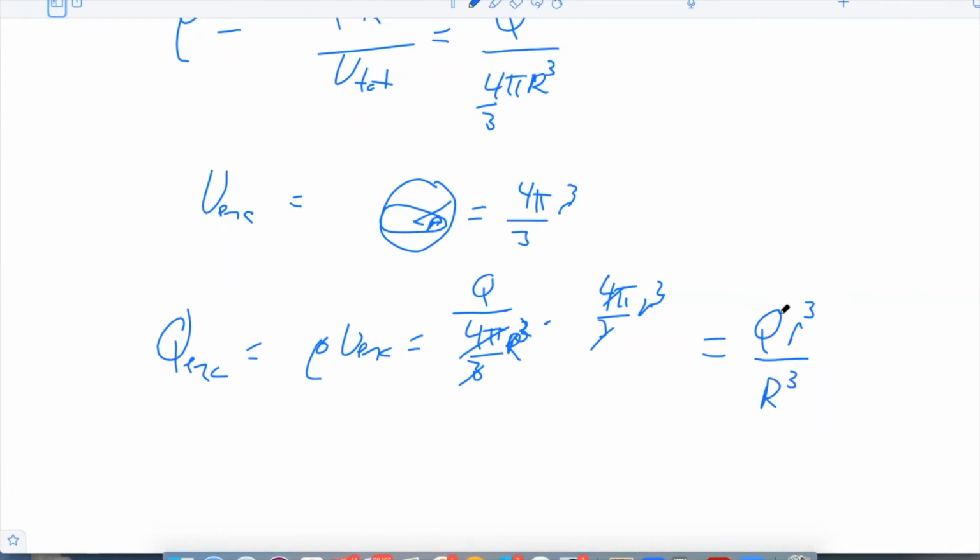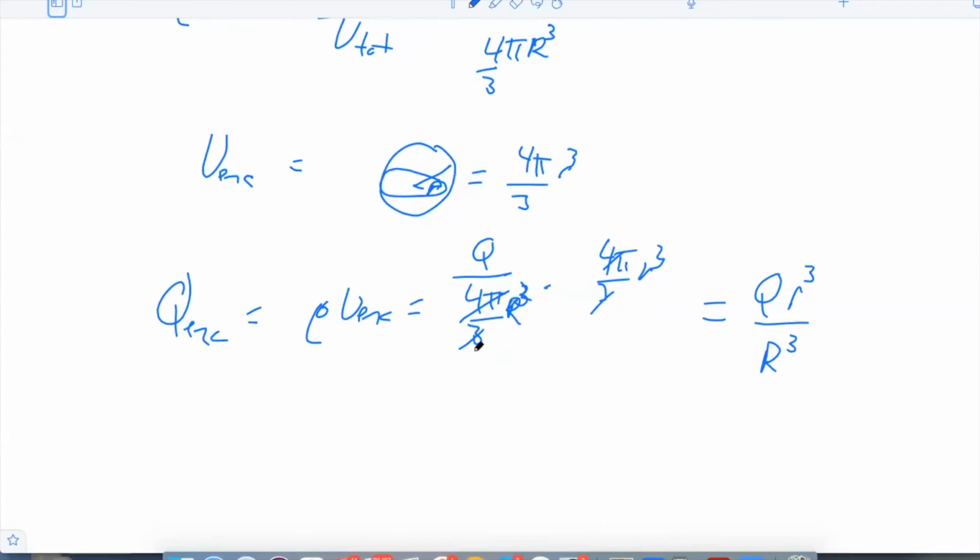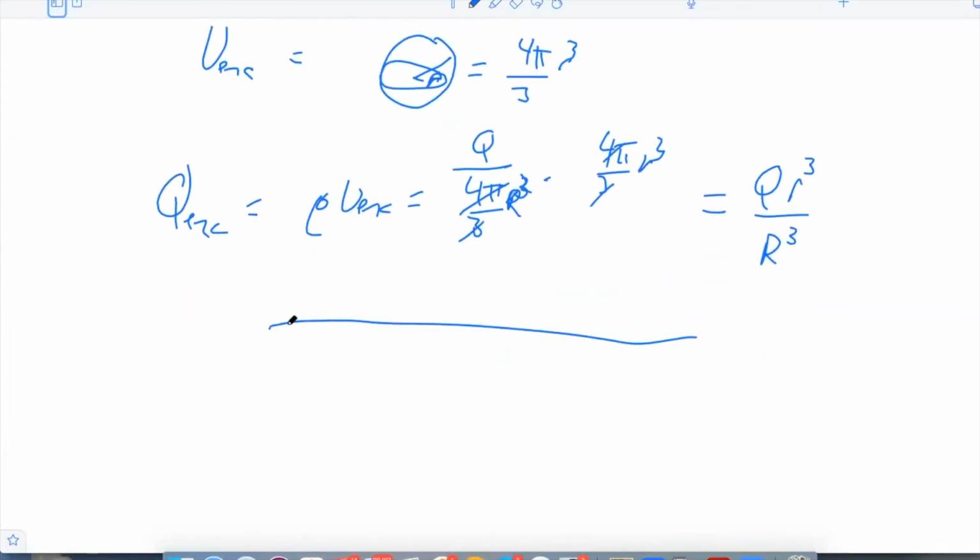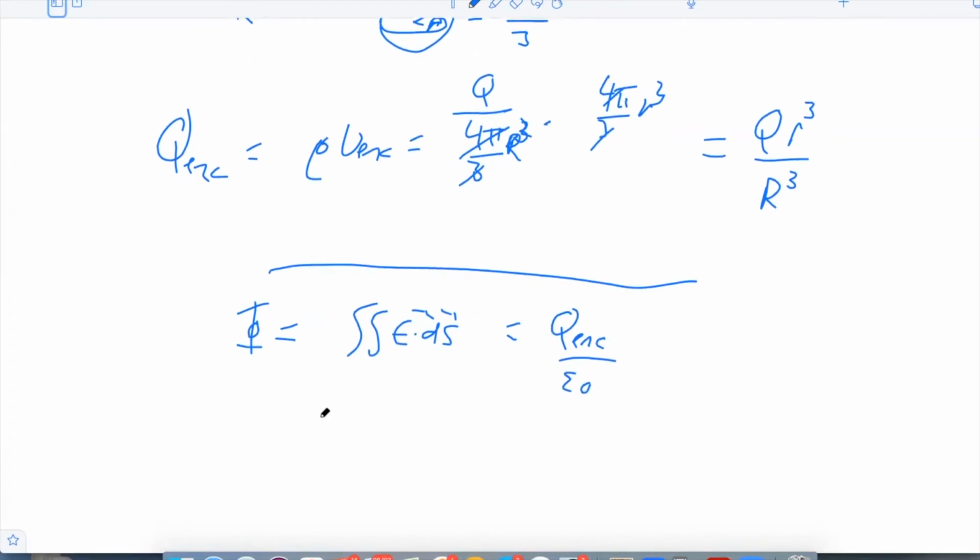That's the fraction of charge that I've got in my little Gaussian surface, inside that surface. Okay, so now I put the two sides together. The flux through the surface, double integral of E dot dS, must be the total charge enclosed over epsilon naught. This side, we went through all the work. That was magnitude of E, which was a constant, times 4 pi little r squared.